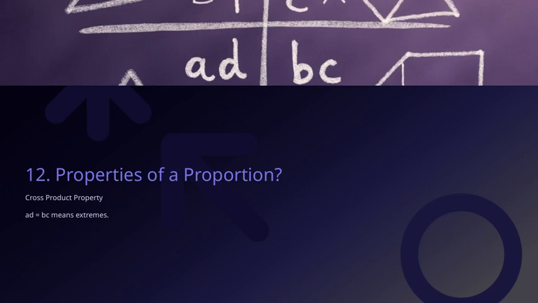This property is essential because it allows us to solve for unknowns in proportions quickly and efficiently. Remember, the key idea here is that when you have a proportion, the product of the extremes equals the product of the means. This helps us confirm whether two ratios form a true proportion or solve for missing values. It's a fundamental concept that ties directly into our overall understanding of ratios and proportions.